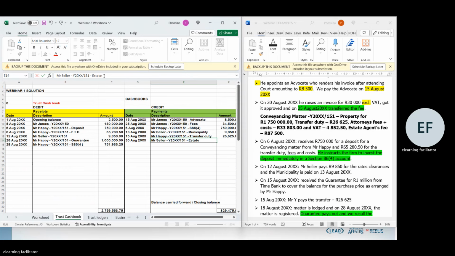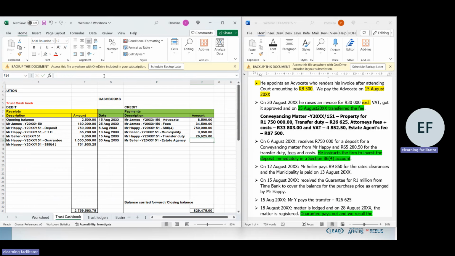Estate agency. How much? 87,500. And also we'll pay, let's summarize at the side, pay the seller, Mr. Seller. So this is the final settlement after we've paid these obligations. And in this case, it's 1,750 minus 87,500, like that. So we are paying Mr. Seller 1,662,500.